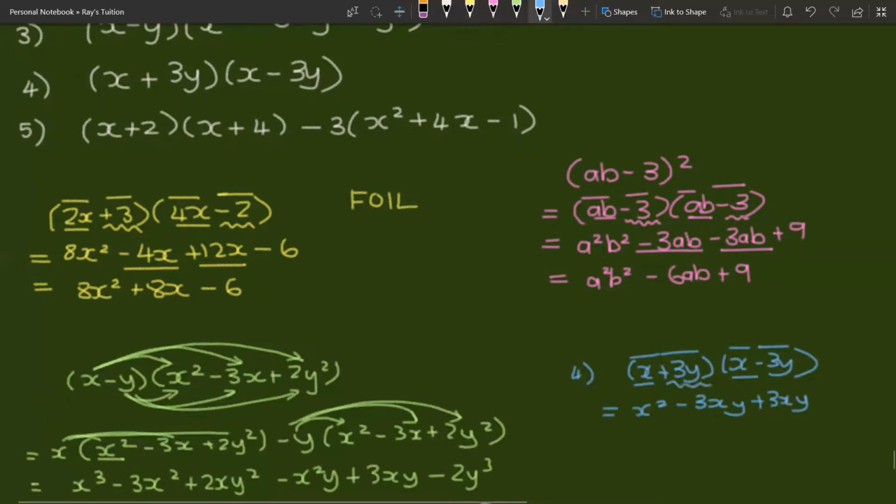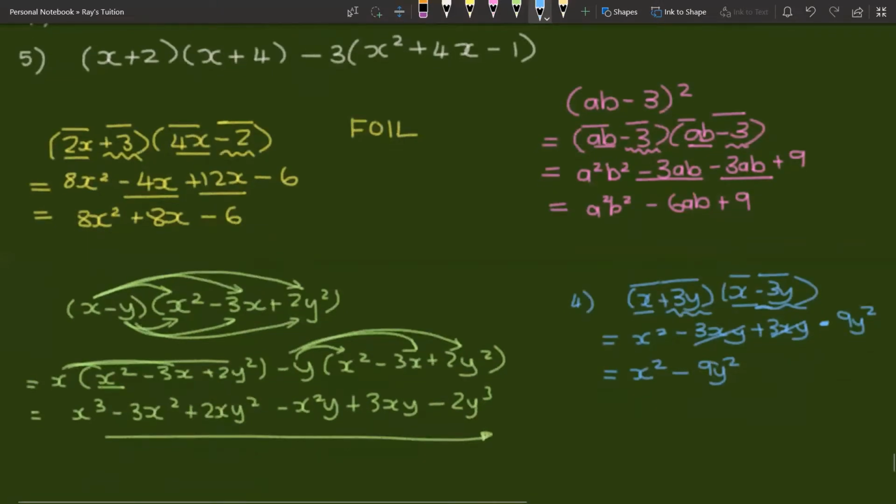And finally, 3y times negative 3y is negative 9y squared. So this here is x squared, and the two middle terms cancel out because they have opposite signs, and we have minus 9y squared. So this is an example of a difference of two squares.